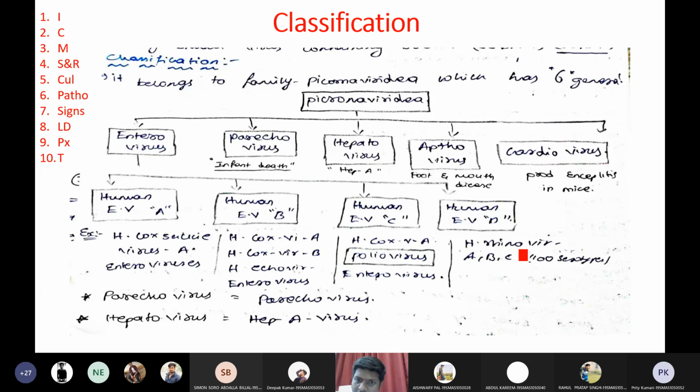If someone drinks this water, there is a high chance of getting poliovirus infection, because now the person is taking poliovirus contaminated water. This virus will enter into the stomach, go to the spinal cord, and cause the infection.